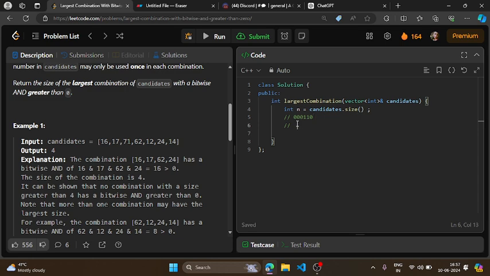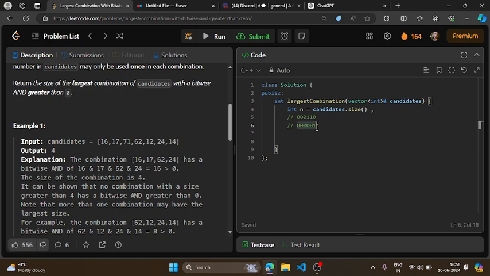So how can you calculate it? I will simply make a mask, put 1 at the particular index you are concerned about, and take the AND operation. Once you take the AND, if it comes out to be 0, then your bit is not set. If it comes out to be non-zero, then your bit is set.